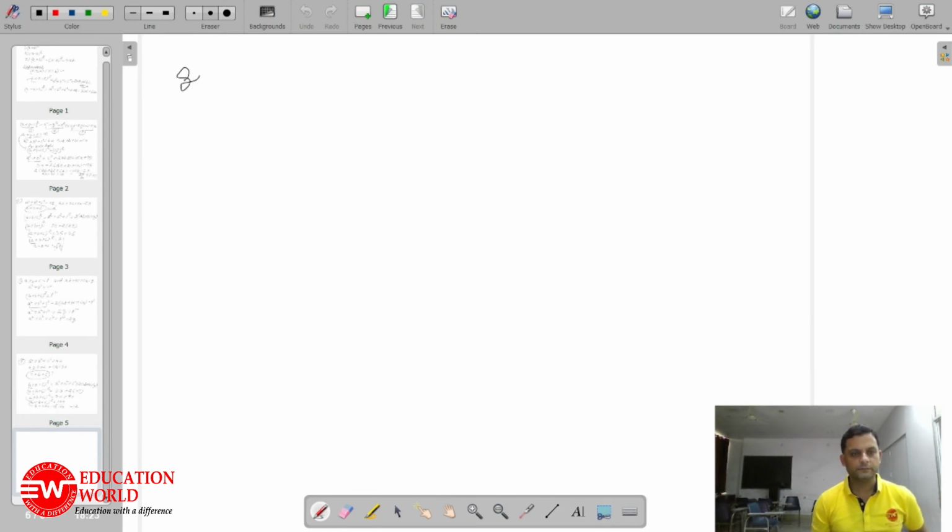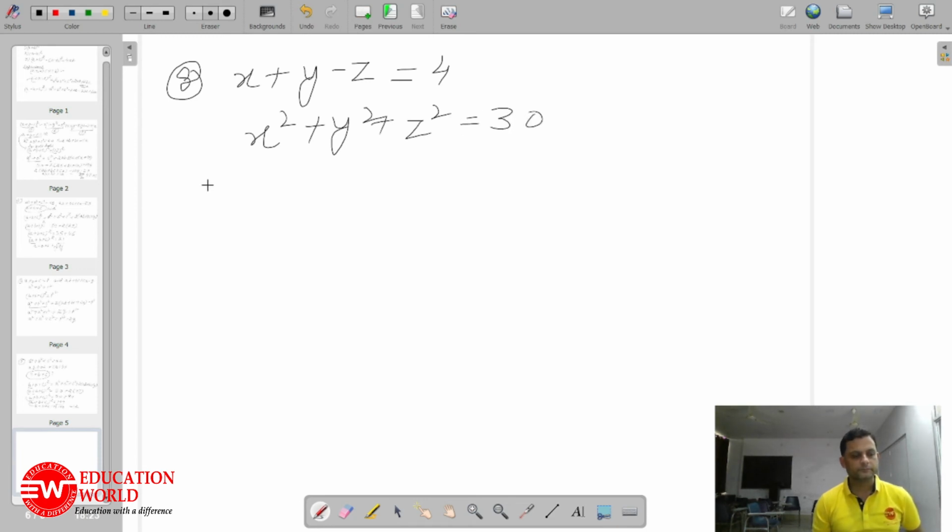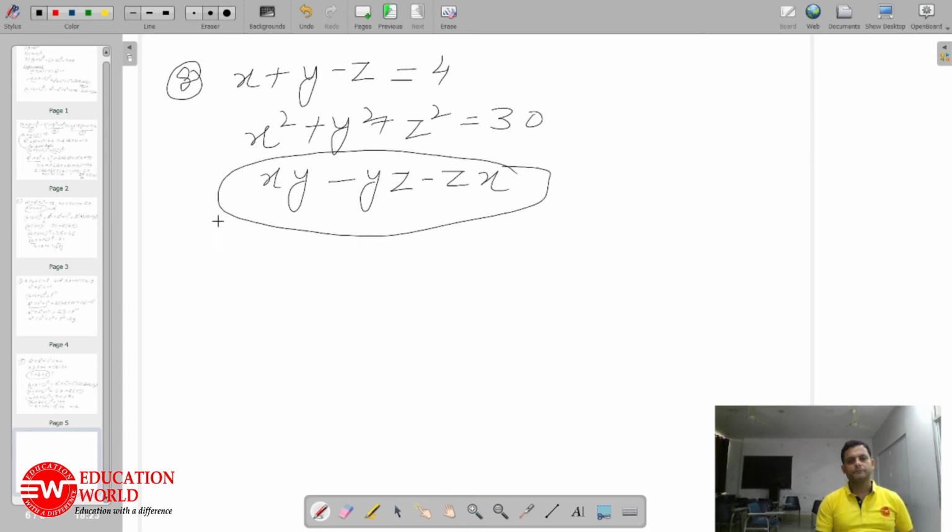Now for the eighth one, they have given x + y - z is equal to 4, and x square plus y square plus z square is equal to 30. So we have to find xy - yz - zx. Again from here, squaring both sides.